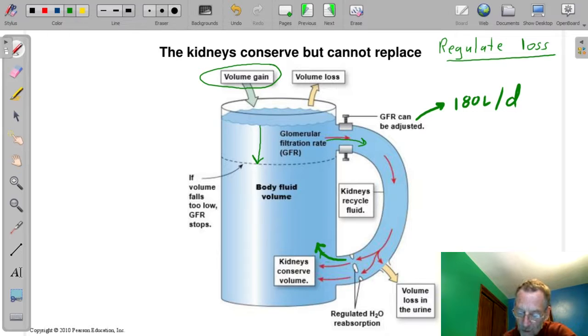And about 1 to 1.5 liters a day of urine was lost. So most of it's reabsorbed back into the mug on the drawing. And we have talked about how GFR can be regulated.